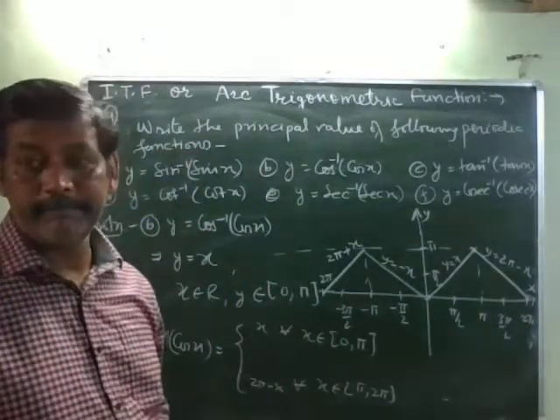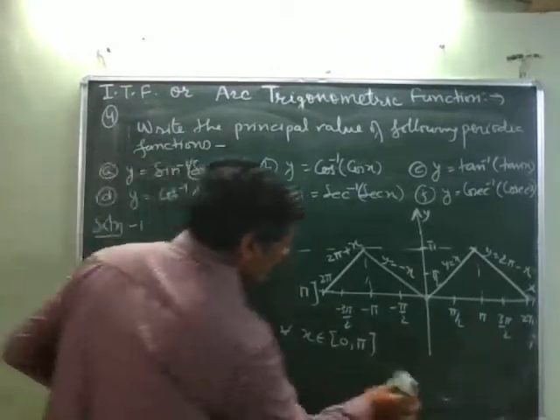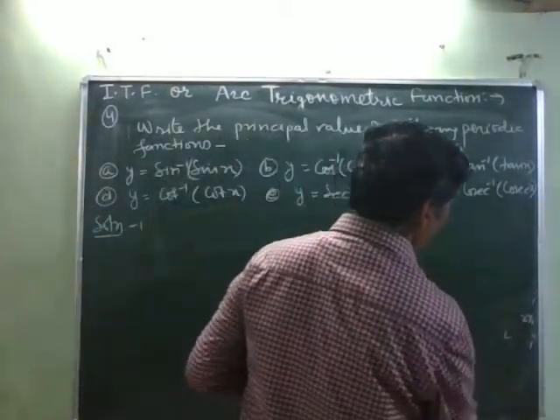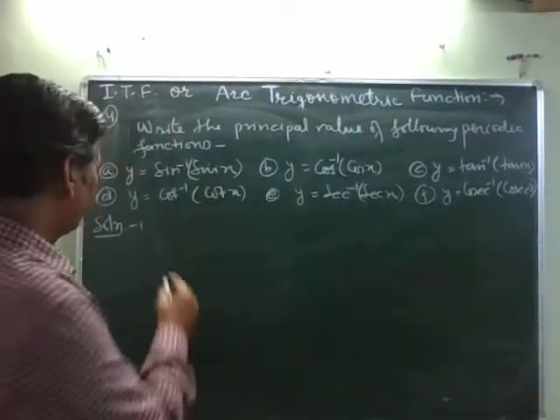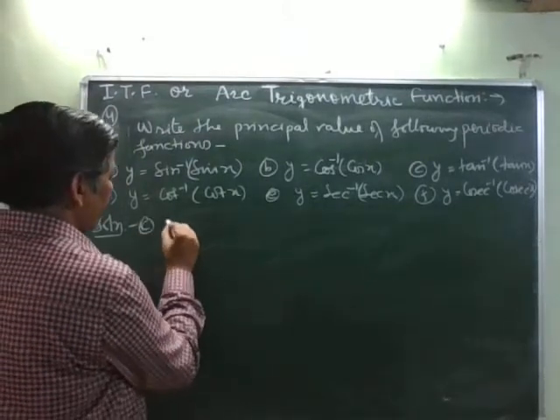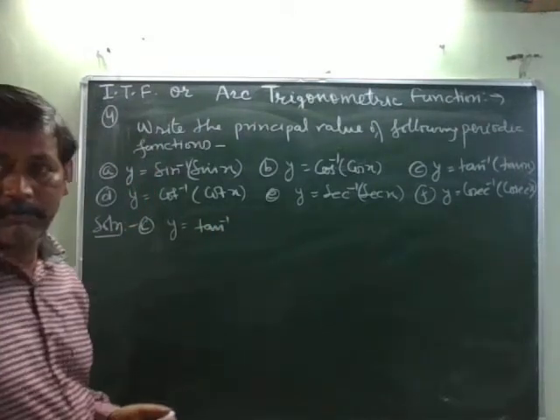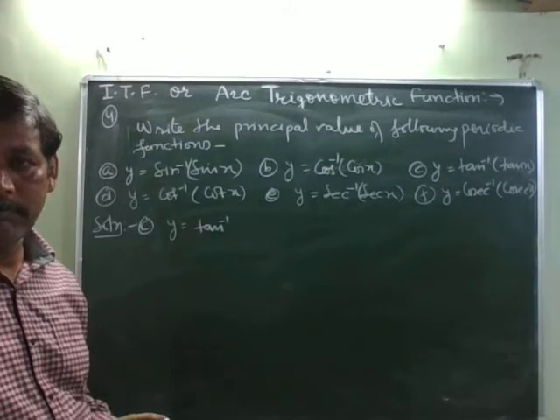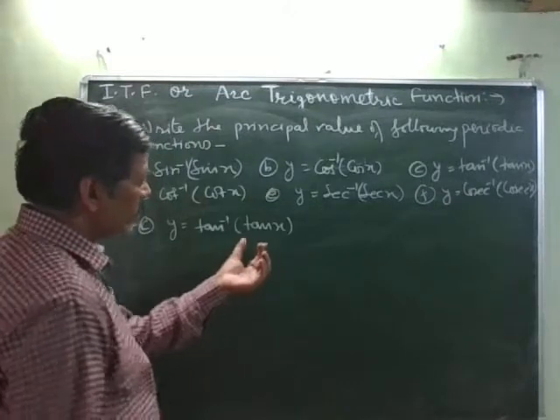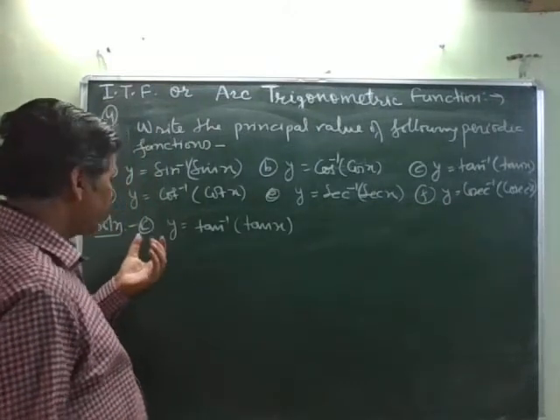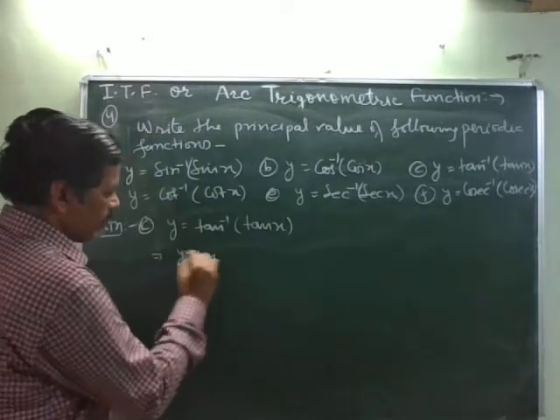Now next part, C. y is equal to... if we put 10x is equal to z and apply the method which I have done in part A, then we will get y is equal to x.